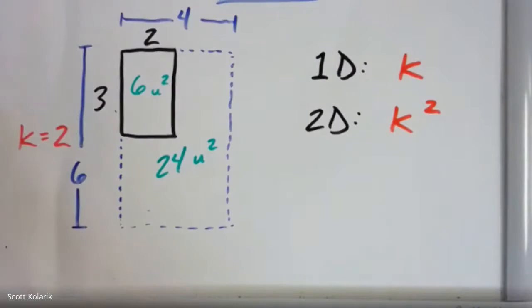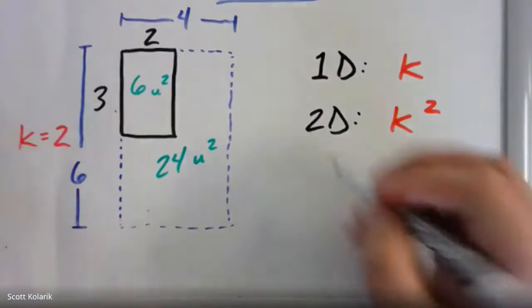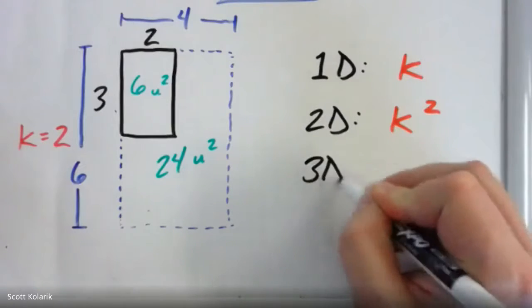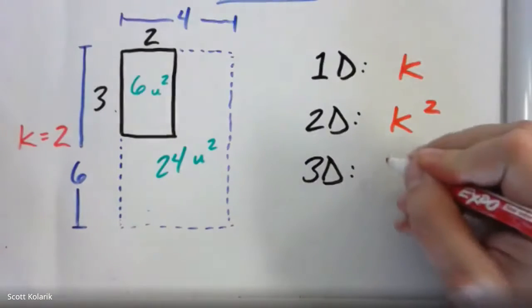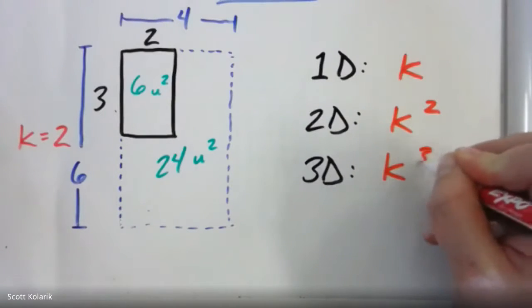Okay. And again, we're not going to need this dimension in this section, but for 3D, so for something like fluid, or if I was going to put that doll in a box and I need to figure out how much space was in that box, since it's three-dimensional, I'm going to take K and cube it.